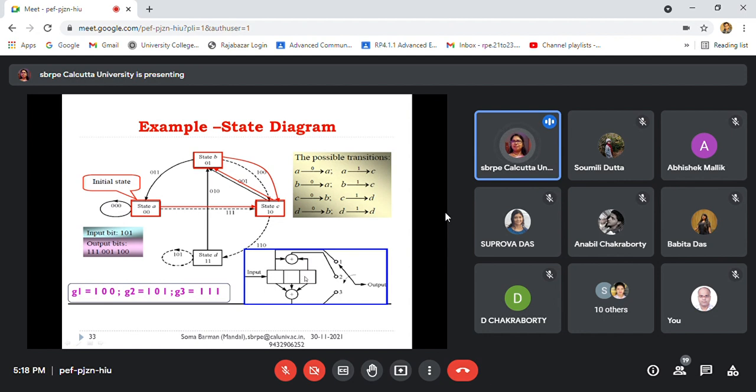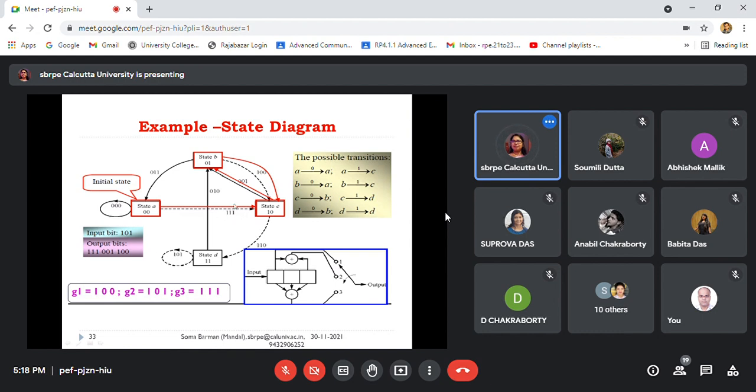Next is 1 0 1. That means 2 is connected to the first and the third, so 2 is also 1. So 1 1. And in the third case, 3 is connected, and this is 1 and the other 2 are 0, so obviously 3 is also 1. So the output branch will be 1 1 1, and that is mentioned here.